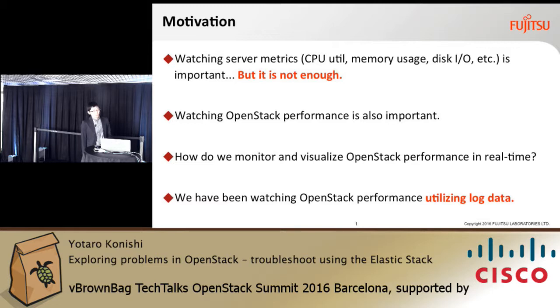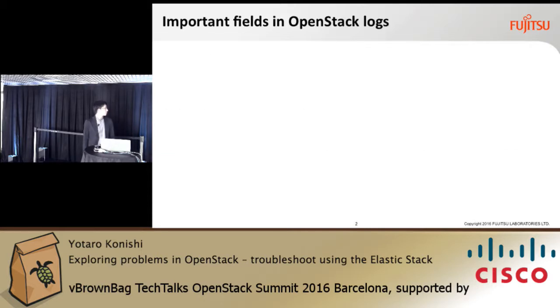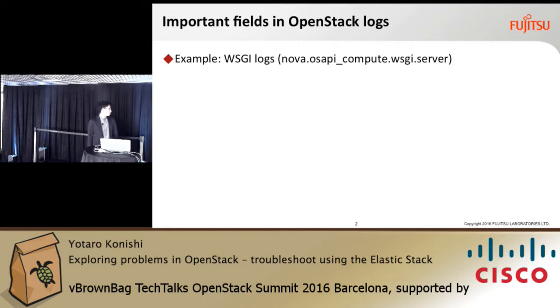There is a lot of important information in OpenStack logs, so I think we should consider utilizing the OpenStack logs. So let's take WSGI logs of Nova API, for example.